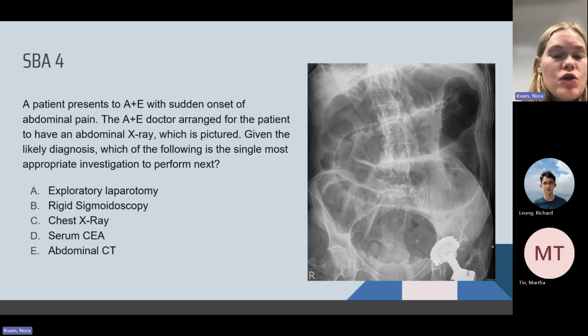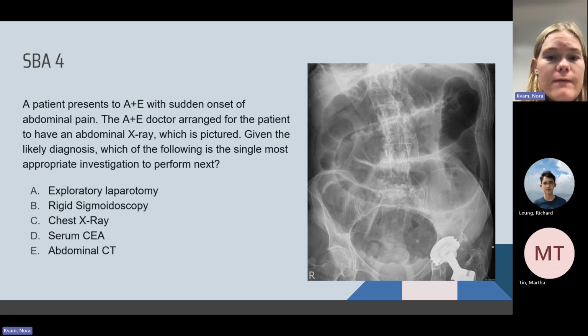So this is an acute abdomen picture because this patient presents with acute sudden onset abdominal pain. This abdominal X-ray is showing a large intestine obstruction, because as you can remember from Martha's presentation, these are haustra that are shown.